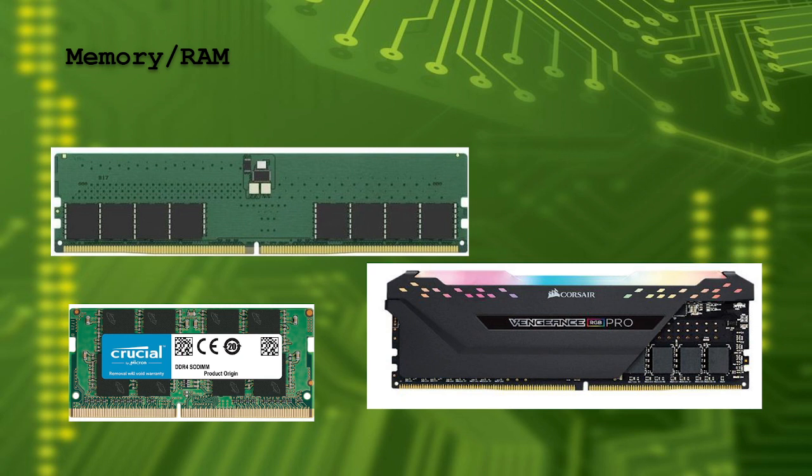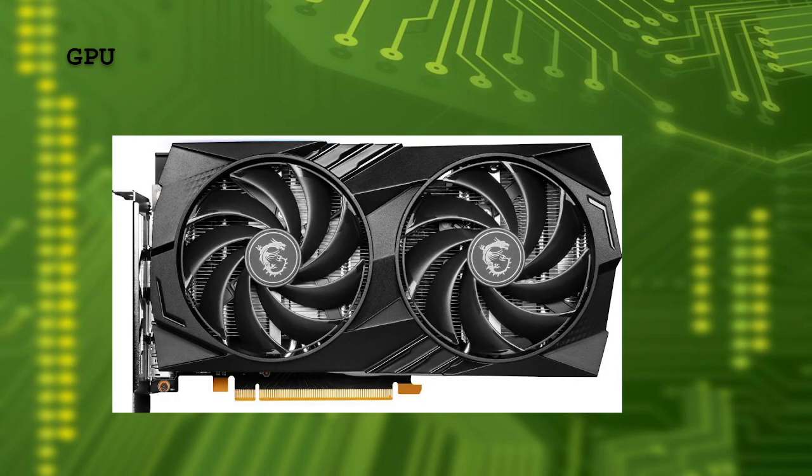Memory or RAM. This video will not get into the difference between different types of RAM and stuff, but you need to know what RAM is to understand CPUs a little. The GPU stands for Graphical Processing Unit. Not all computers need one, but it is definitely a good thing to have for gaming.